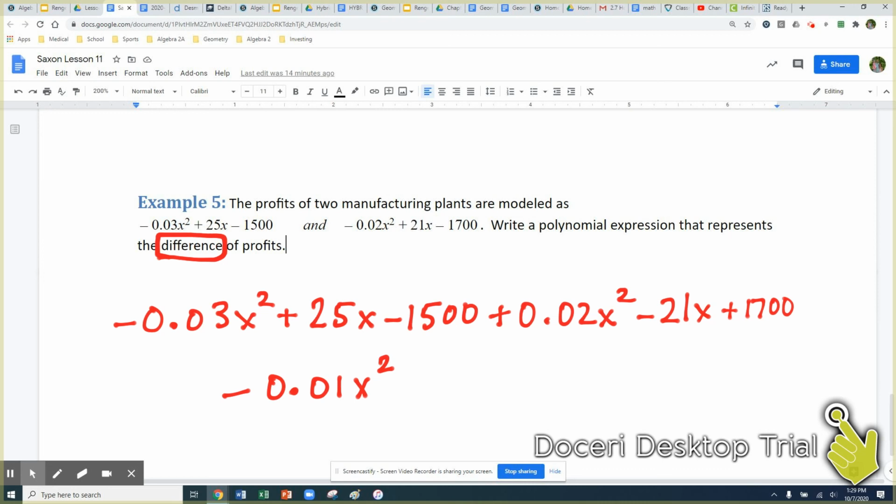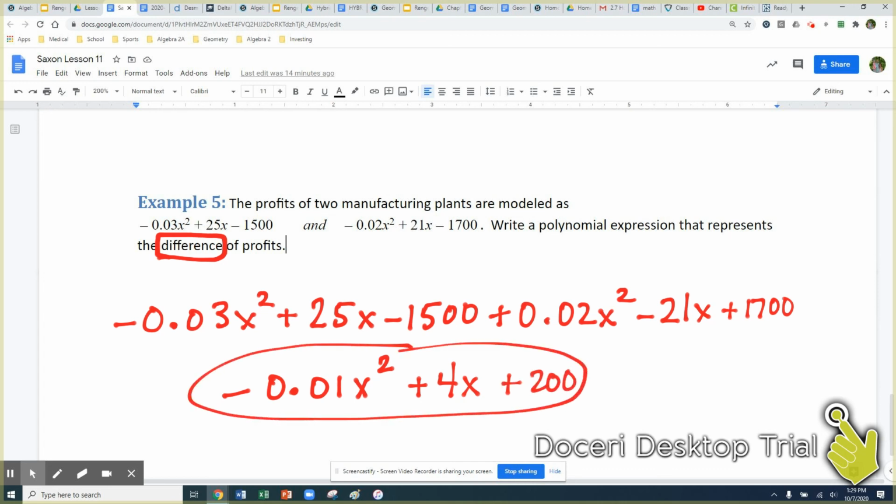So basically just 25 minus 21 for x. And the negative 15, you add 17. So I'm not worried about the zeros. I'm just doing negative 15 plus 17. That's going to get me to positive 2. Add the zeros back on. Plus 200. So there would be my difference in profits.